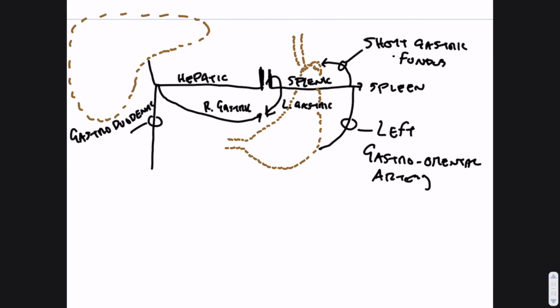It's right next to it. And the gastroduodenal is going to send off two branches. We have one that's going to go that way and one that goes over here to the greater curvature. That meets up with the left gastro-omental. This one is called the right gastro-omental.